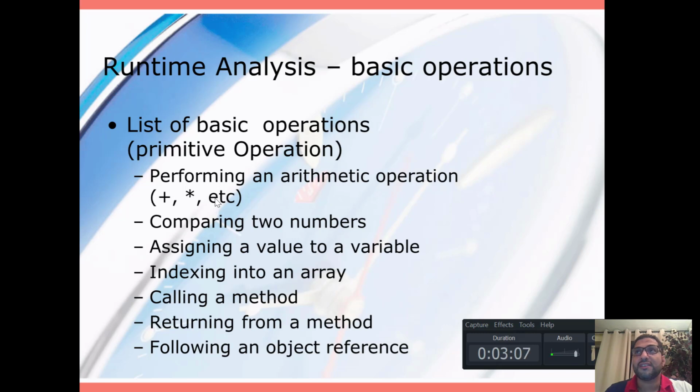Assigning a value to another value, like A equals B, is another primitive operation. Indexing of an array, if I say A of i, is another primitive operation. Calling a method, if I call a method in main, the calling itself is a primitive operation. Returning from a method is a primitive operation.